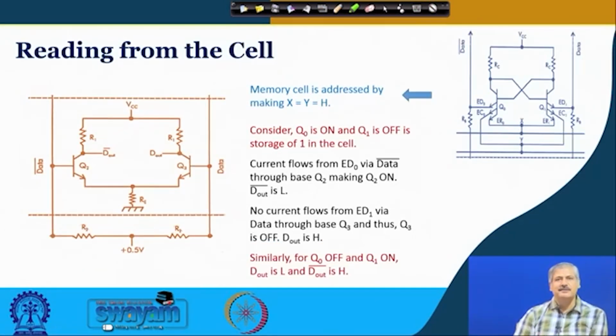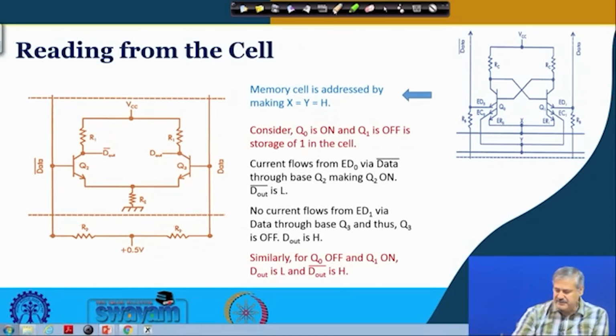Now, we look at reading from the cell. The cell is already presented here. This is the cell that we had seen before. This is Q naught, which is on now, and this is off, and X and Y we have made high, more than 3 volt or so.